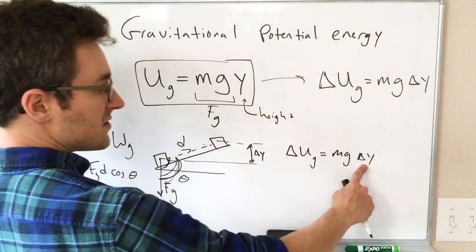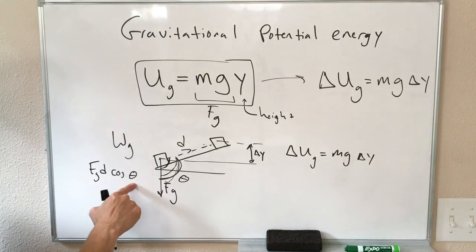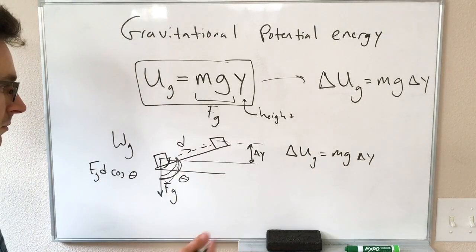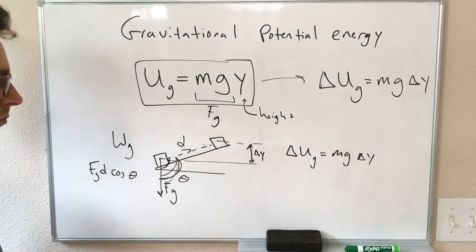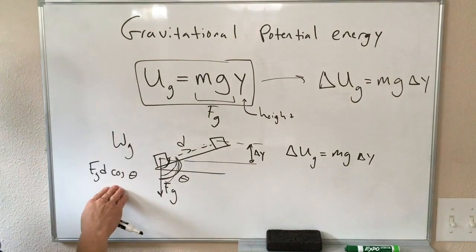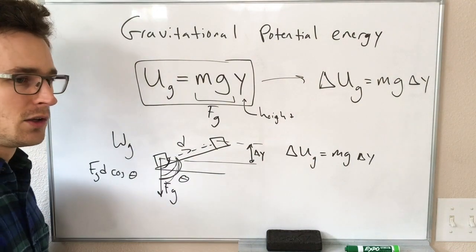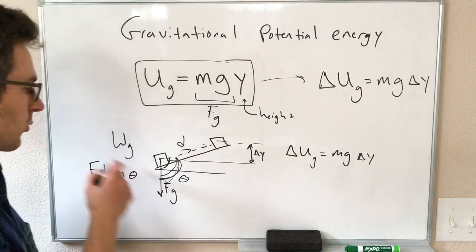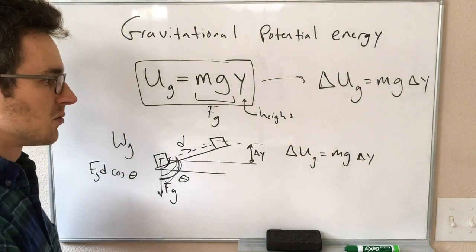And yes, it turns out this delta y is going to be exactly this d cosine theta. And you can convince yourself that this is true by drawing some triangles. I won't bother you, but I just wanted to say, whichever way we look at this is the same. We will get the same number, the same amount of energy leaving the block because of work, or leaving the block because it is becoming this potential energy.